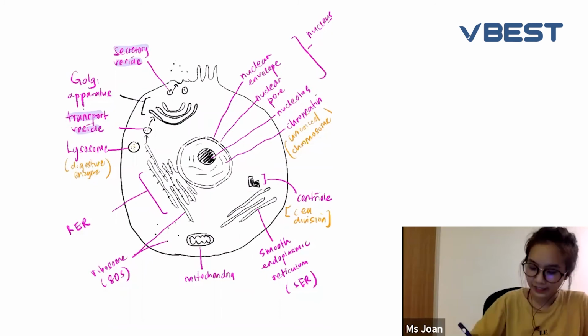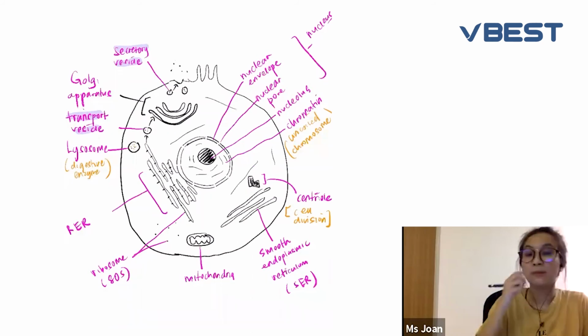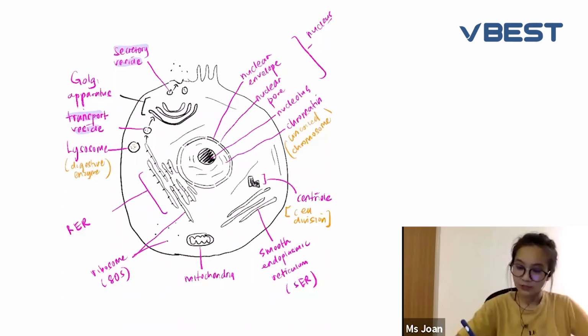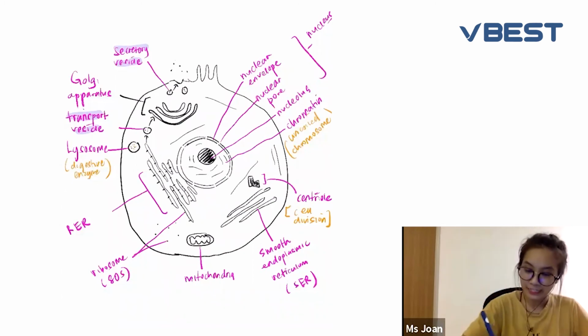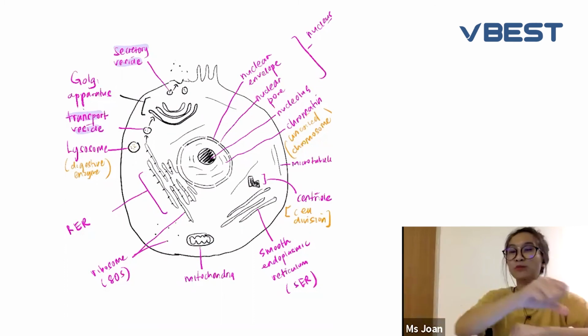All right. Okay, guys. One more last one. Inside your cell, you have a lot of, we call this the microtubule. Can you guys see that? It's like a strand. So this microtubule is to create movement. Like a puppet, right? So the microtubule will help to pull.